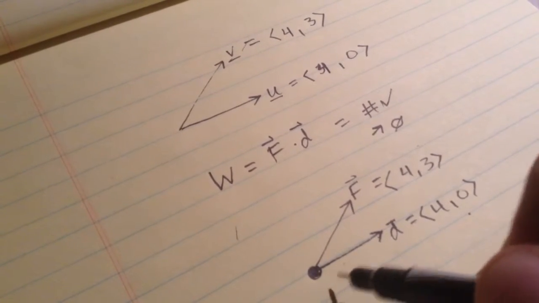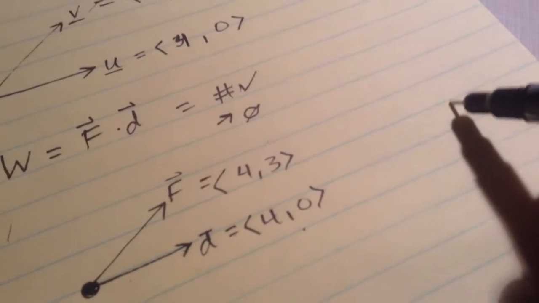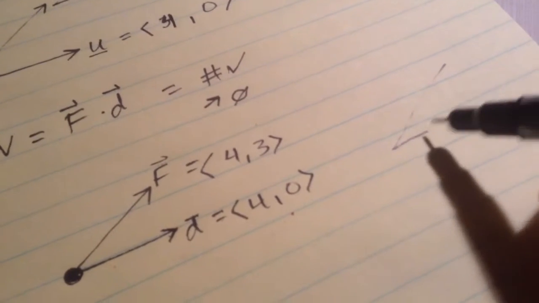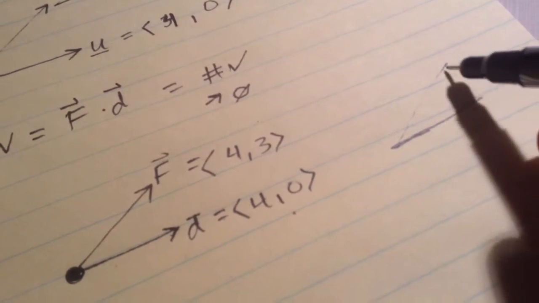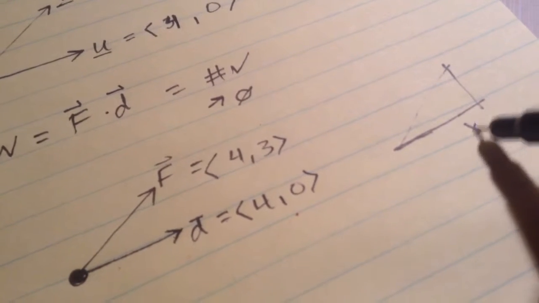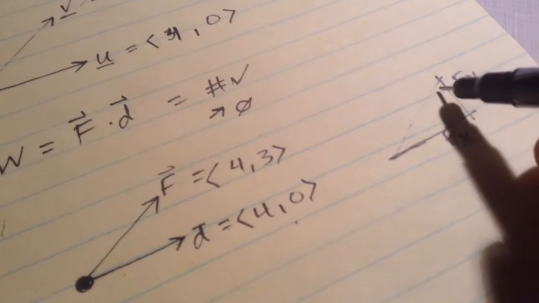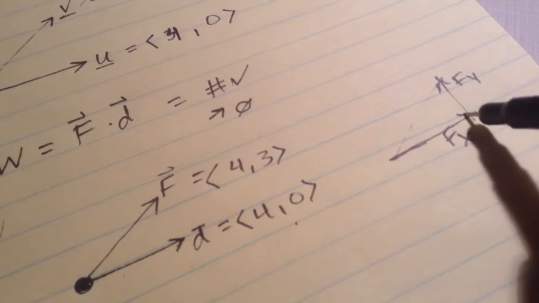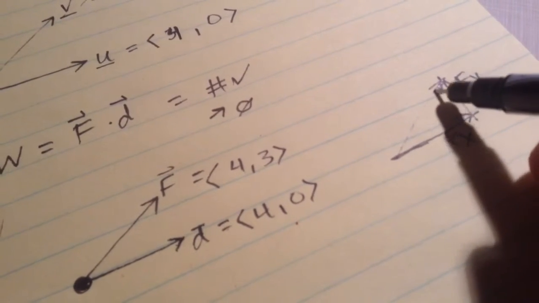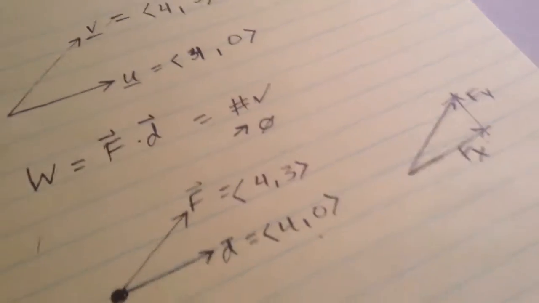Okay, so part of this force, remember this force can be decomposed, and let's do this on the side here. This force can be decomposed into its x and y components. This is the x component of f, this is the y component of f. And yeah, I guess by now you know vectors pretty well.